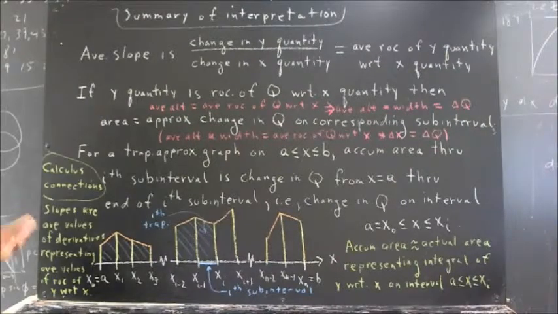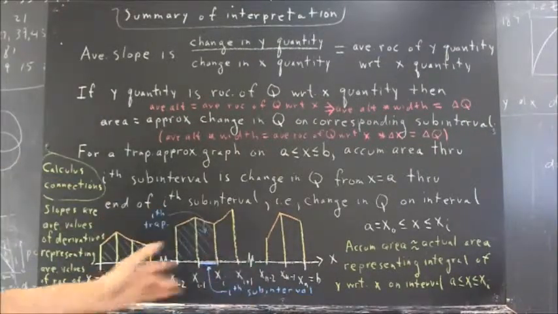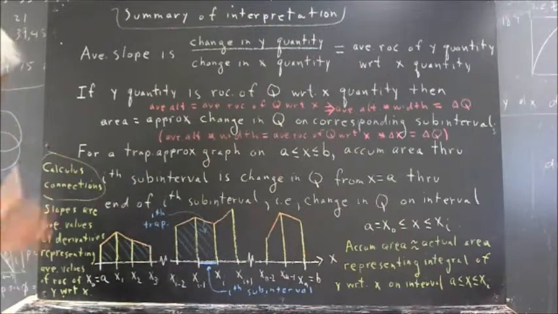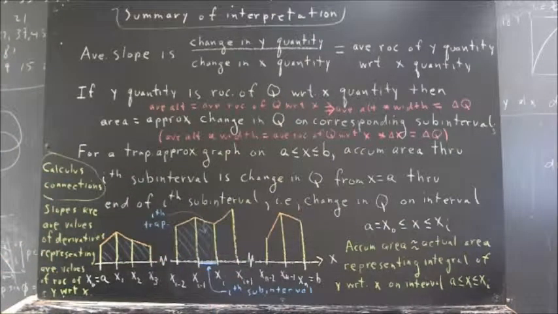And if you've had calculus, there's a connection in all this to the calculus. And if you haven't had calculus, well, it won't hurt you to see what these connections are, because someday you probably will. And you might want to make note of this. Calculus connections. First of all, the slopes are the average values of the derivatives, which represent average values of the rate of change of y with respect to x.